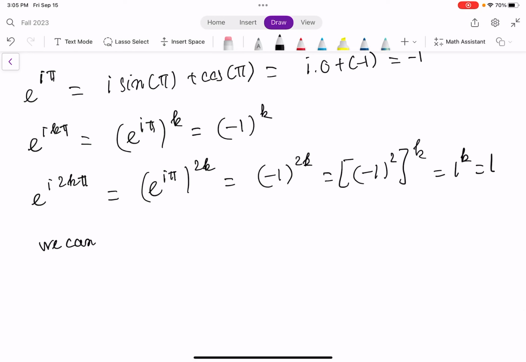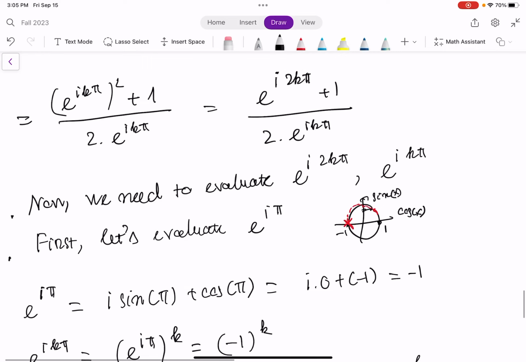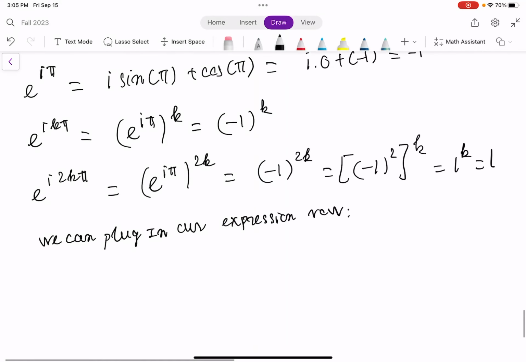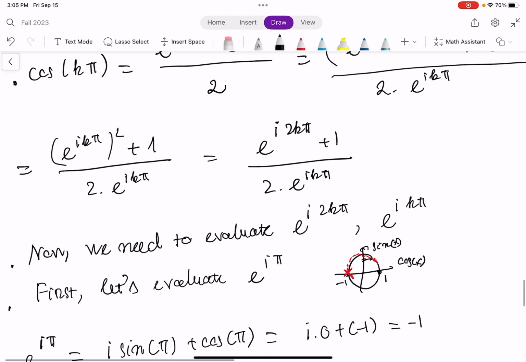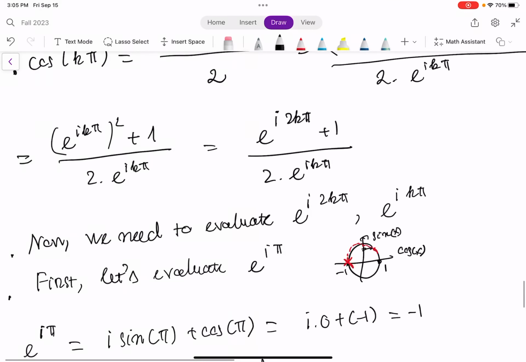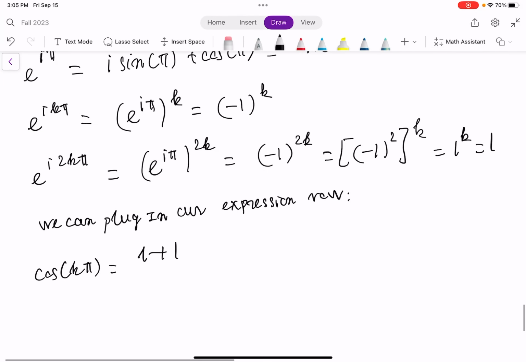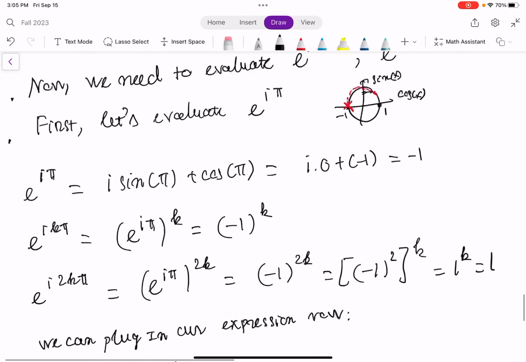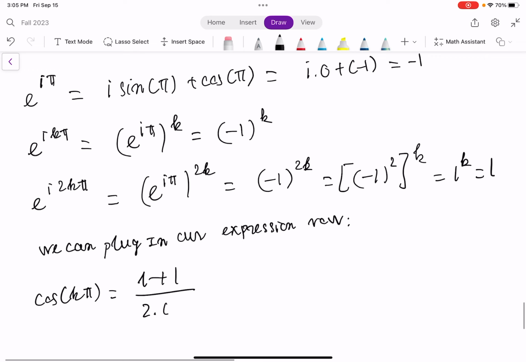We can plug in our expression now. So you get cosine of kπ equal to e to the power i2kπ, which is 1, right? Plus 1 over 2 times e to the power kπ, which is negative 1 to the power k. So this is 2 over 2 negative 1 to the power k.